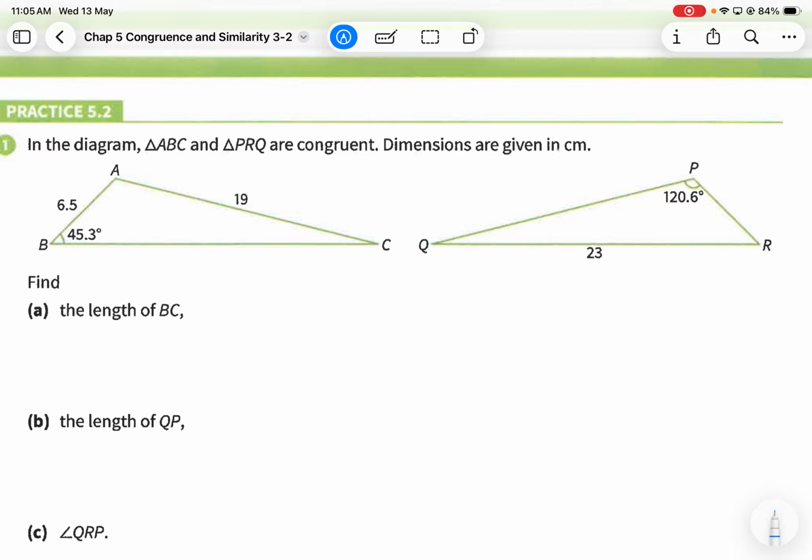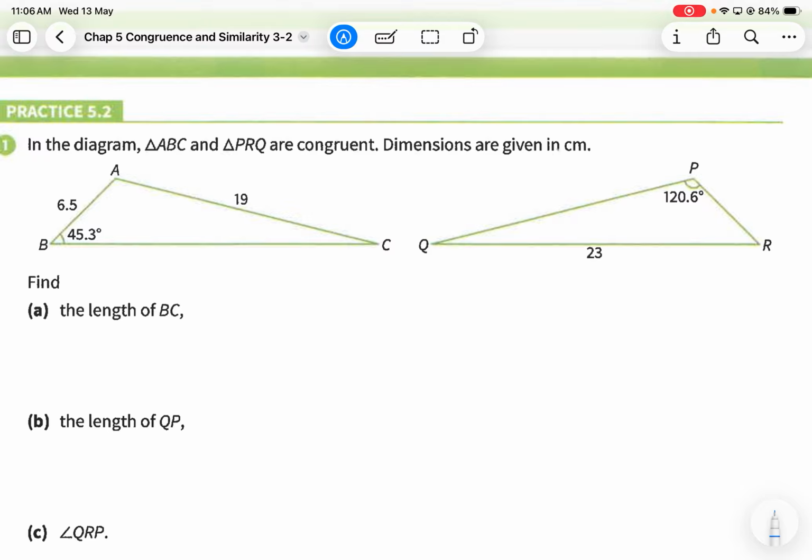Cyrus, what are you doing? Brotherhood love. Yes.